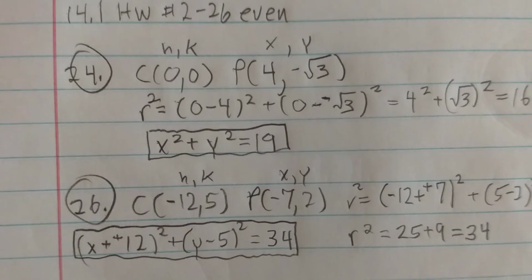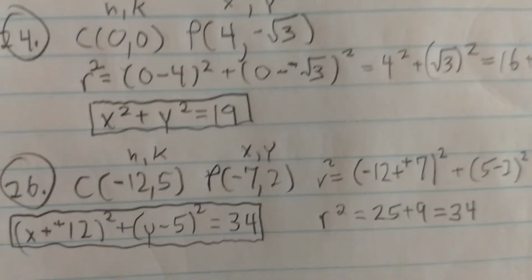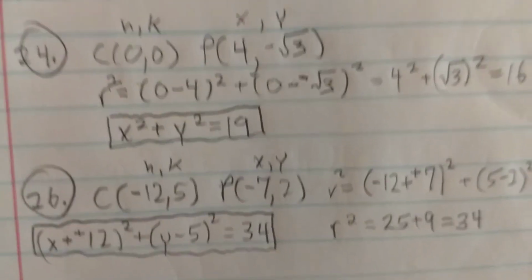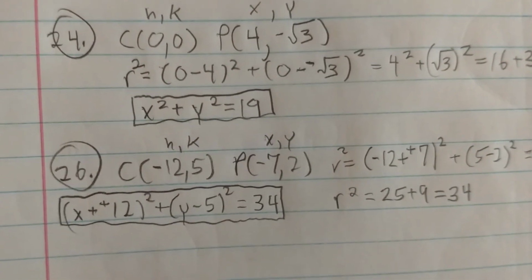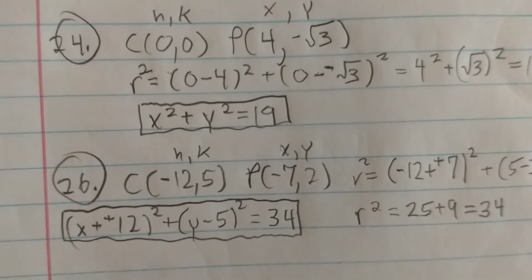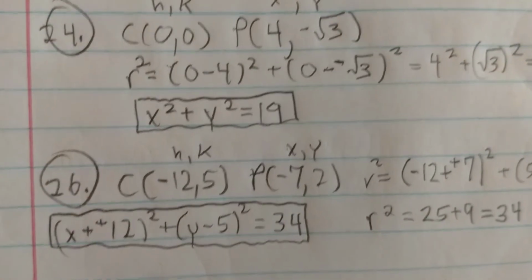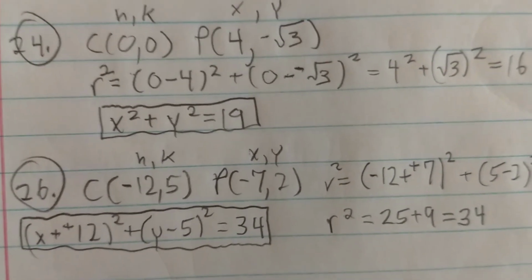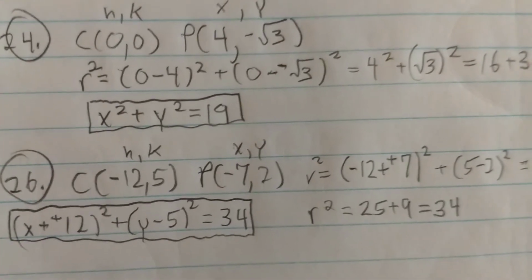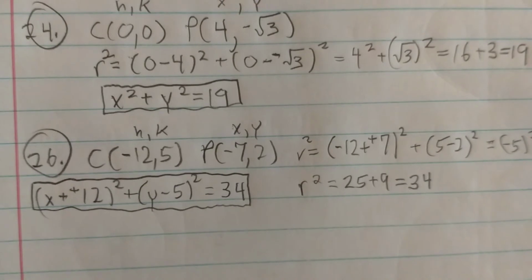Now on these last two, what we do is we have to take a center, this first one's easy, 0, 0, and a point on the circle and find the radius first, because clearly we know the left part of the equation is going to be x squared plus y squared, because there's no h, k. So we're going to do a radius squared is 0 minus negative 4 squared, negative 4 squared would be 16.